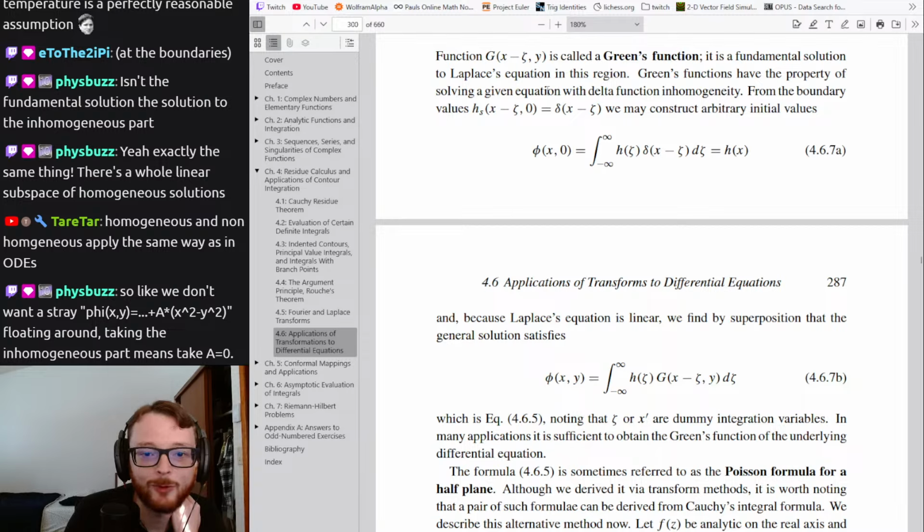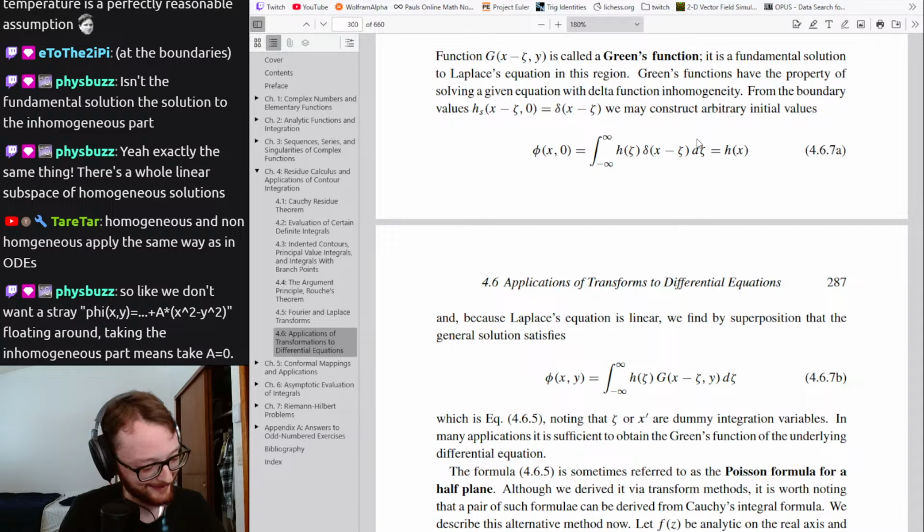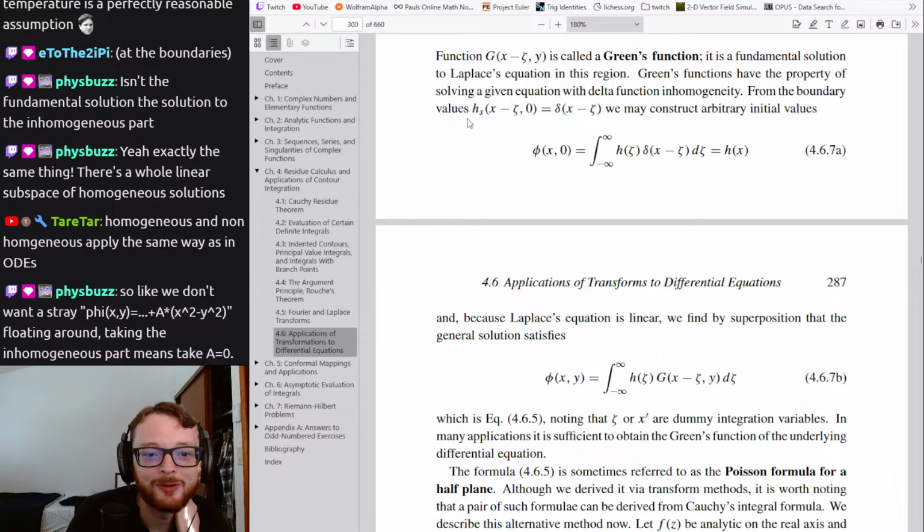Yeah, okay, it's questions like that that kept me from getting that far in this section. From the boundary... I at least half understand what's happening here now, which is an improvement. From the boundary values... Okay, yeah, this is the special boundary value for Dirac delta, centered at zeta.